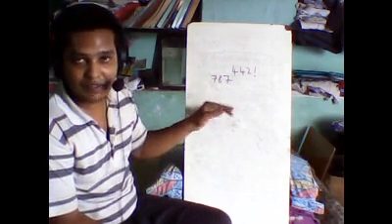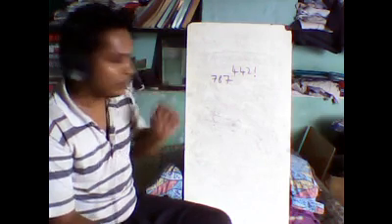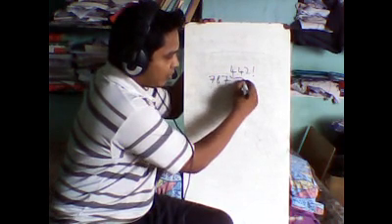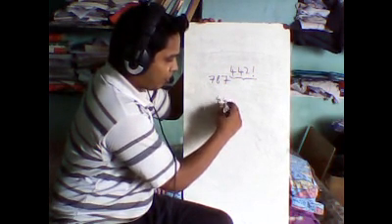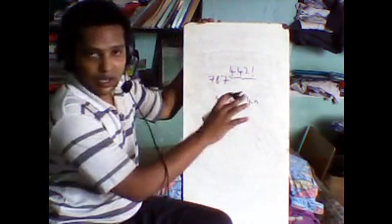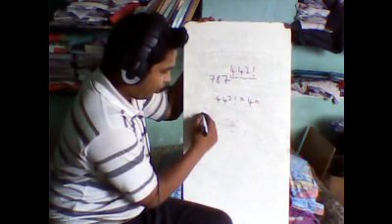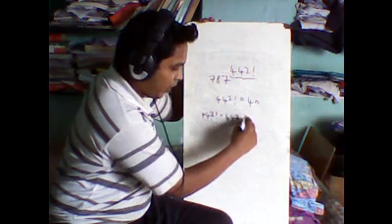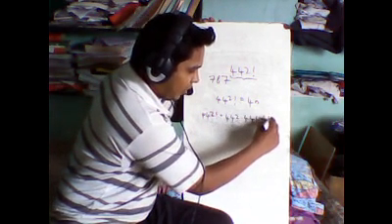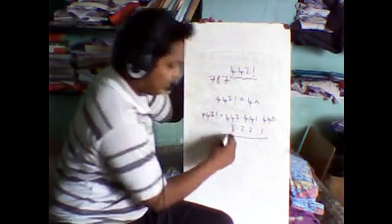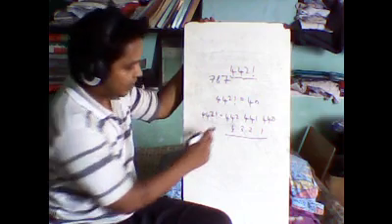This is the same as asking for the last digit of 787 to the power of 442 factorial. 442 factorial is a number of the form 4n, because it has 4 in the numbers getting multiplied: 442 into 441 into 440 right up to 4 into 3 into 2 into 1. Hence 442 factorial is a number of the form 4n.